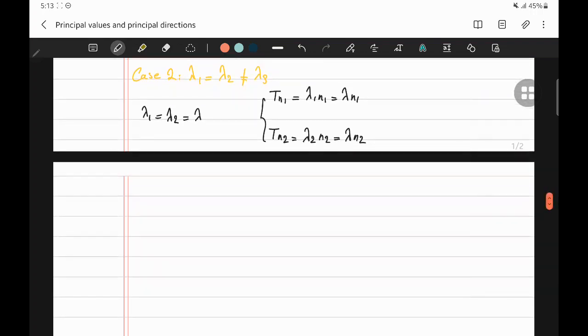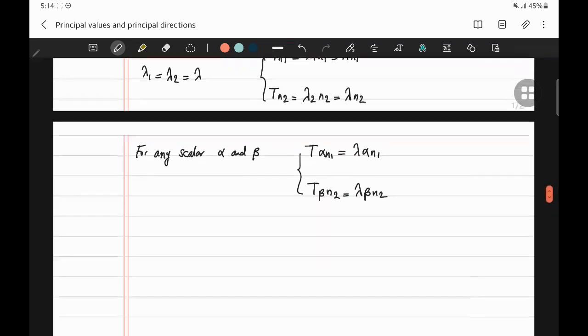So here, if we say we have two scalars, any scalar alpha and beta, we have T alpha n1 is equal to lambda alpha n1, and T beta n2 is equal to lambda beta n2.